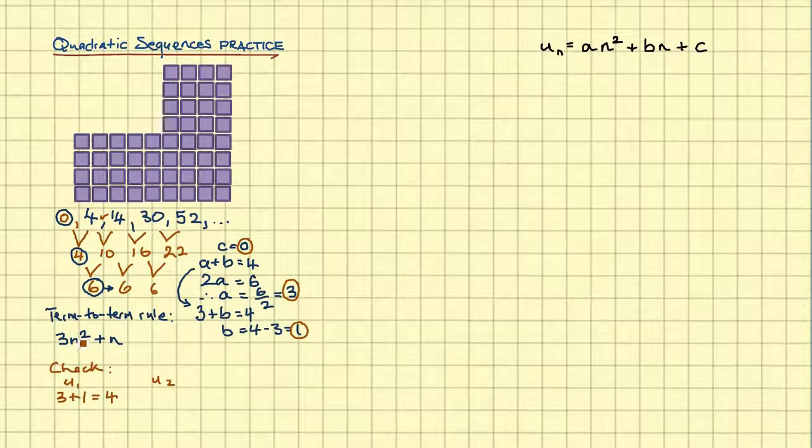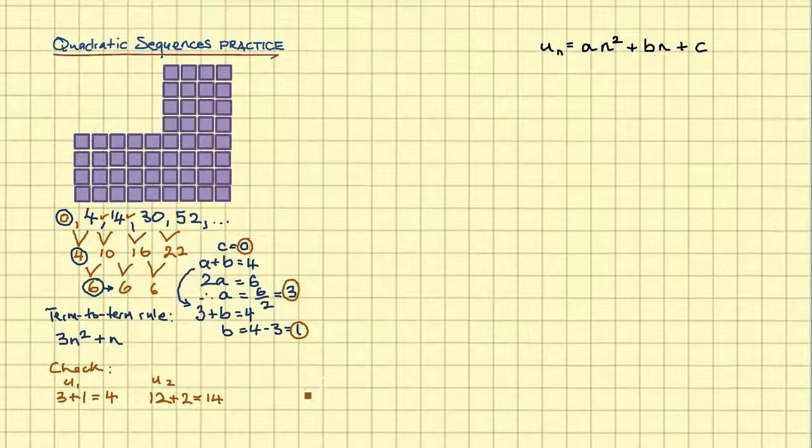And that's good news, because our first term up here that we were given is 4. So I'll just do a little tick there. Good. So now let's check u2. So if we check u2, what have we got? 2 into the term to term rule. 2 squared is 4, times 3 is 12.